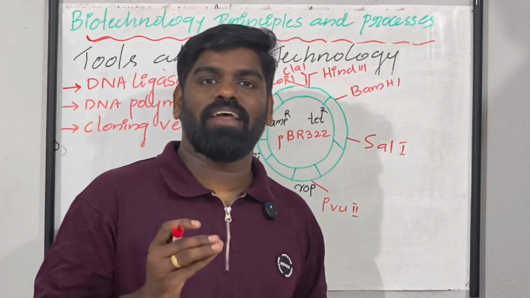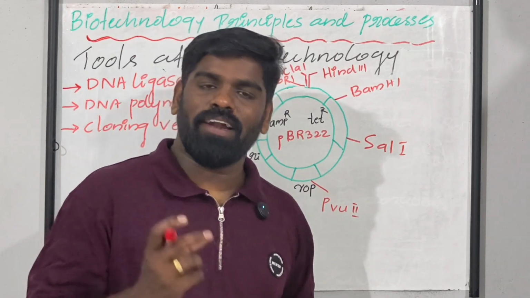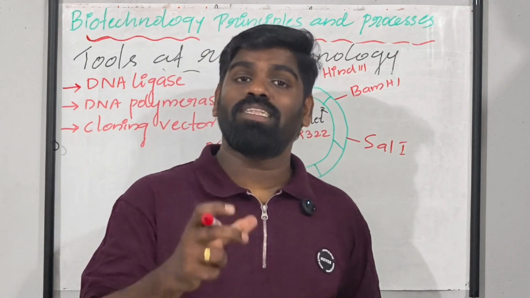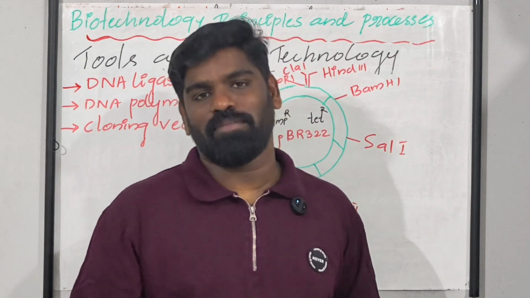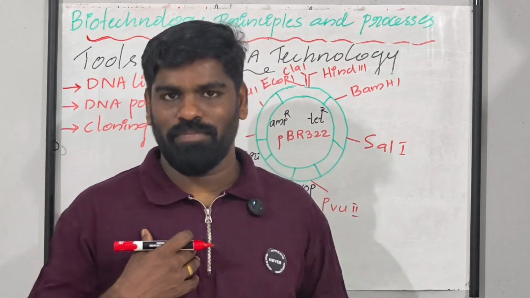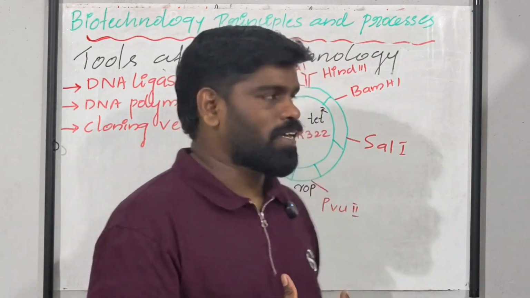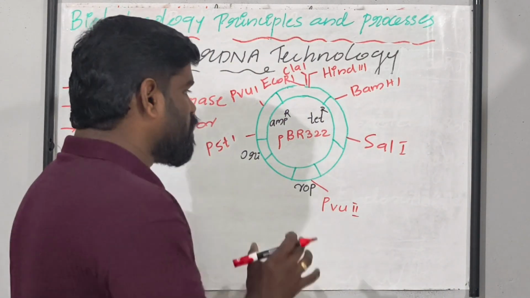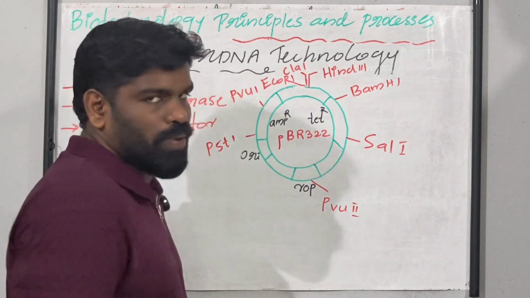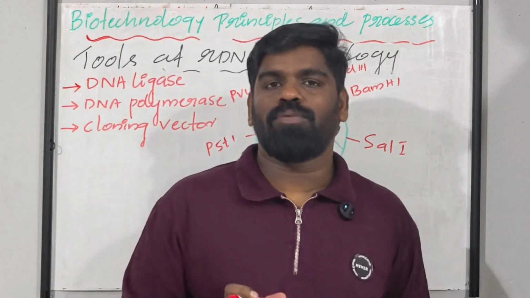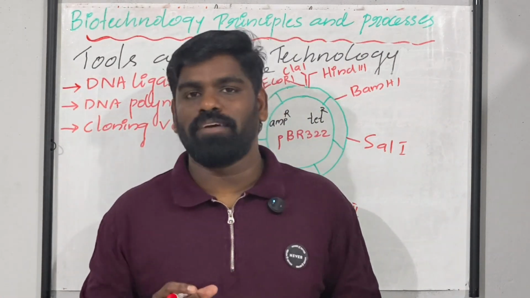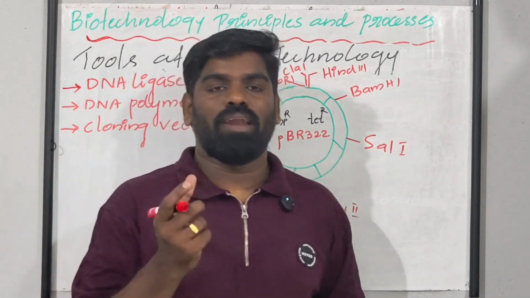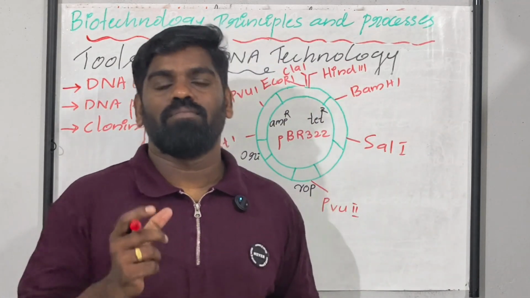Now we are moving on to the artificial vector. An artificial vector means a vector which has all the desired characters that are required for us. So this is the artificial cloning vector, which we call pBR322. pBR322 is a plasmid, an artificial vector discovered by the scientists Bolivar and Rodriguez.